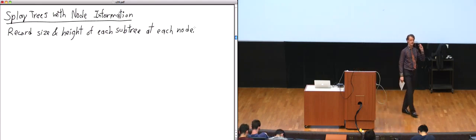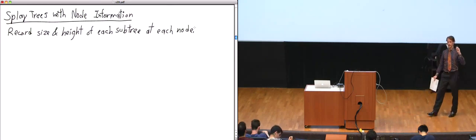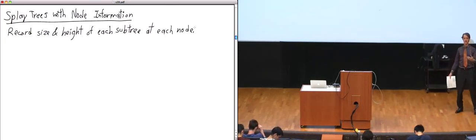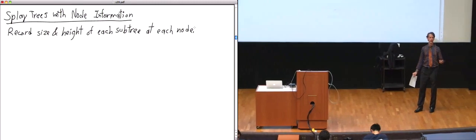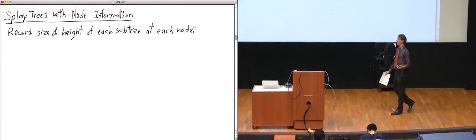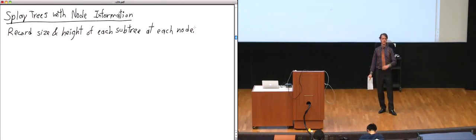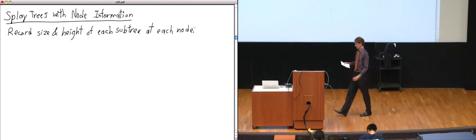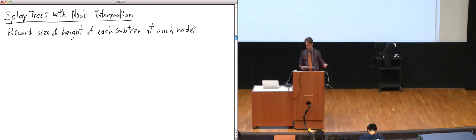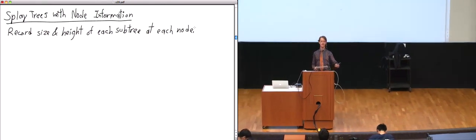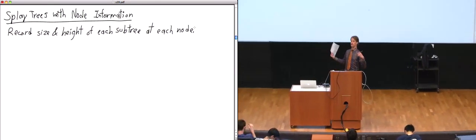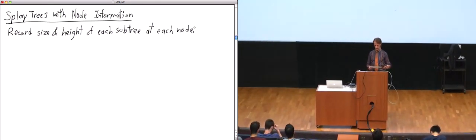If you can record this information in your tree, and if you can update this information quickly every time you update the tree, then you can use this information to do some interesting things. I'll give just one example here. So in splay trees, this kind of information is relatively easy to maintain.